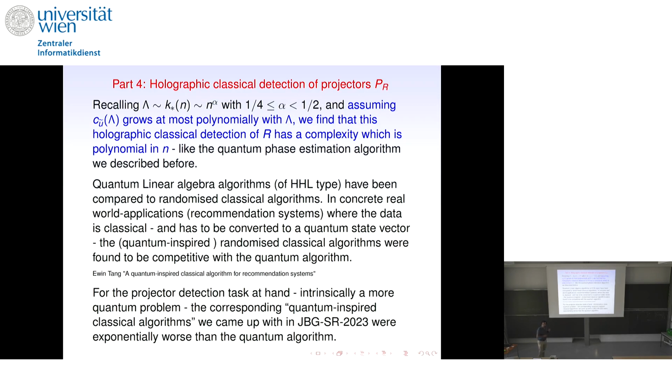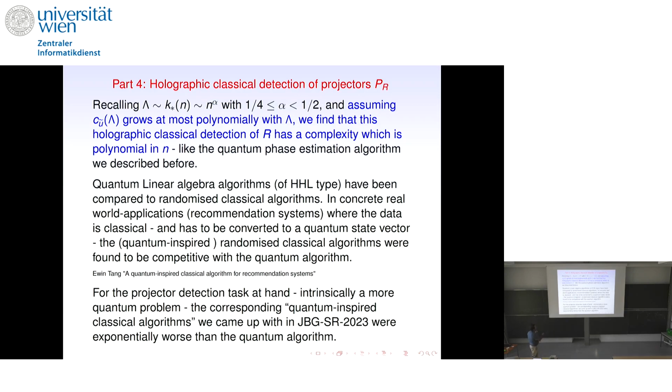But then a few years later came along this paper called Quantum-Inspired Classical Algorithms. These were algorithms inspired by quantum physics, but they put in some randomness that simulates the kind of randomness, just like some algorithms that use random number generators, but in a way that is inspired by quantum physics.